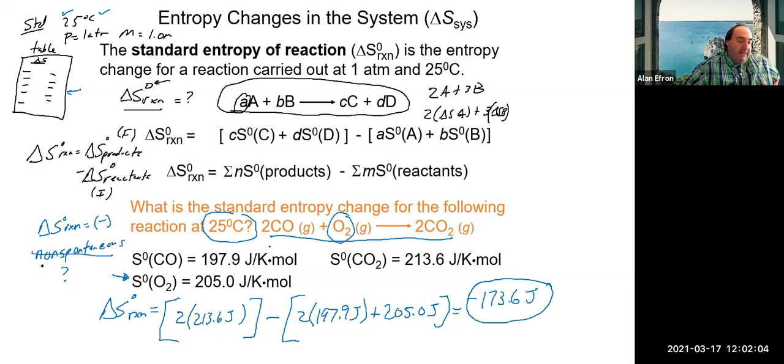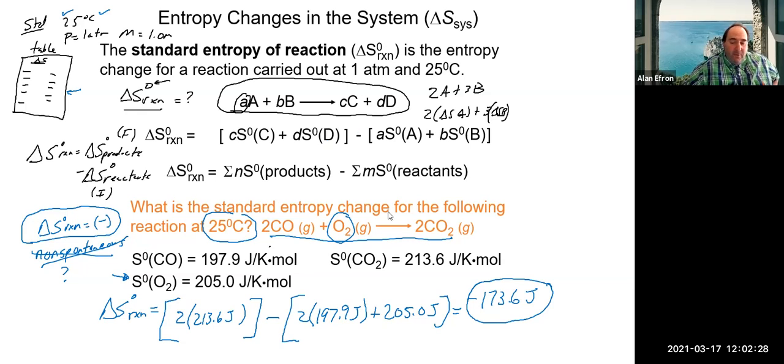You cannot make that determination at this point by just simply calculating the delta S of the reaction. Remember, you have to calculate the actual delta S of the universe. So you cannot really determine at this point if this reaction is going to be spontaneous because of positive or negative. Any questions on that?